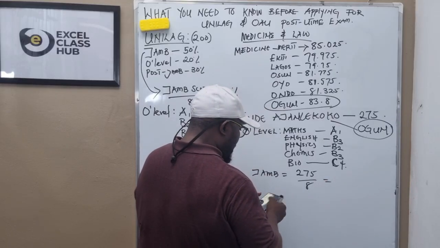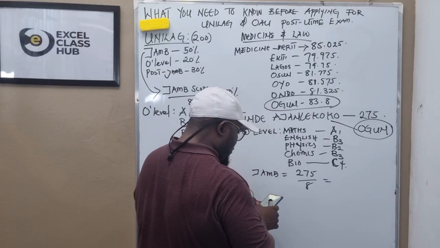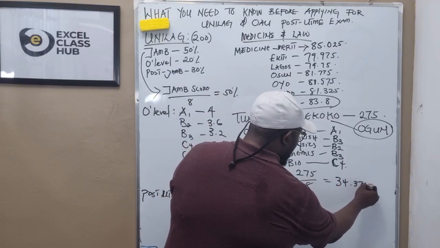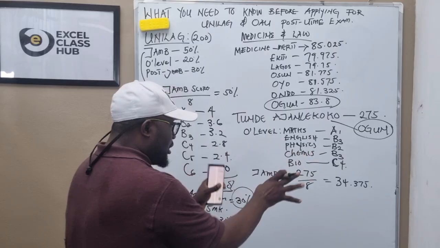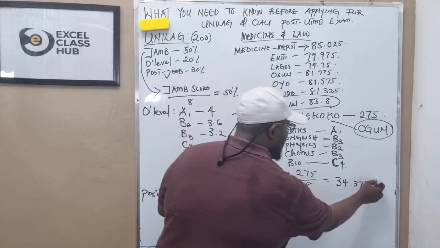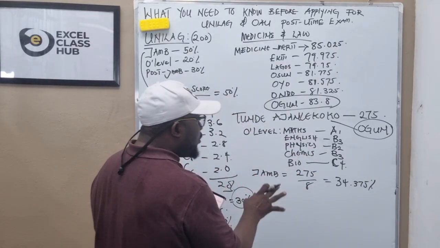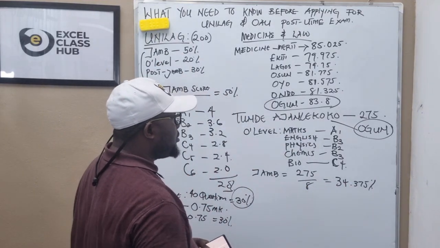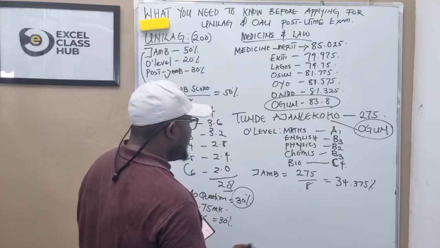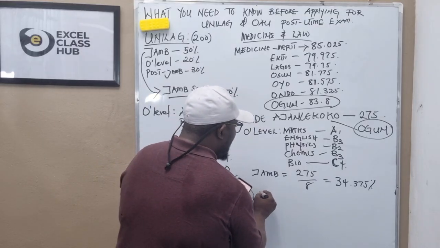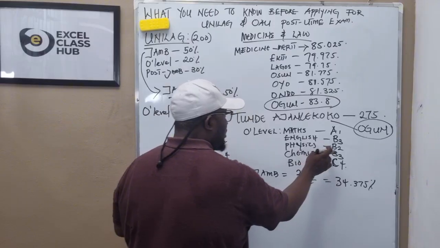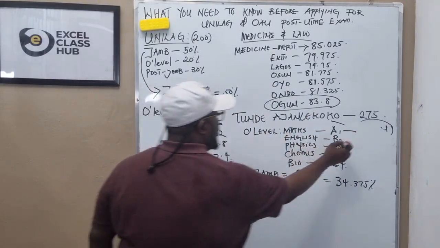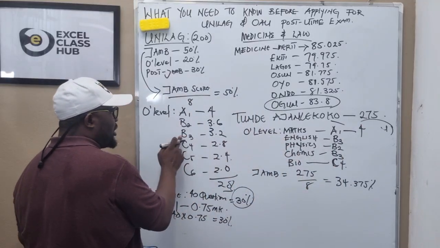He has 34.375. They don't approximate. They'll give you your normal score. So out of 50% for JAMB, it has 34.375. That's for JAMB. Now, O level. It has A1 in mathematics. A1 is what? 4. It has B3 in English. B3 is what?